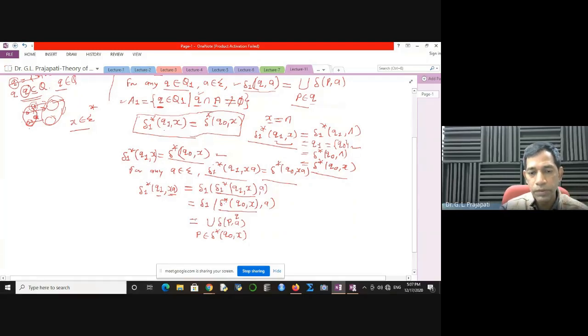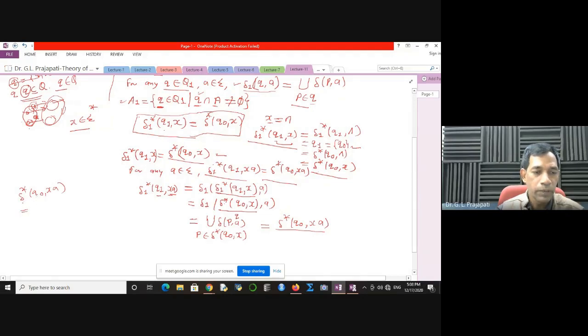Now this is equal to delta star Q0 x A, by the definition of the transition function of the NFA.